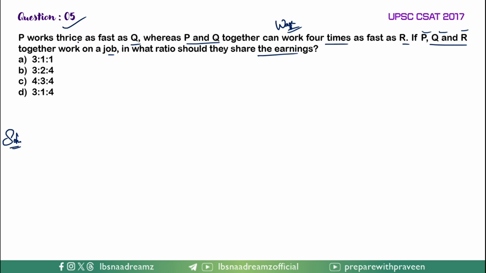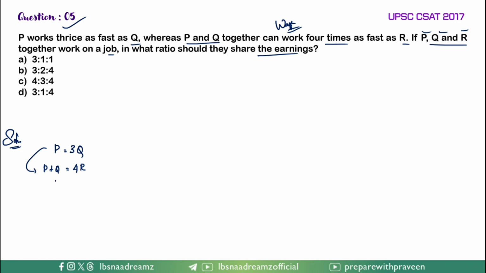So P works thrice as fast as Q. Therefore P is equal to 3Q. P and Q together can work 4 times as fast as R. So P and Q, 4R. So let us apply the value here.